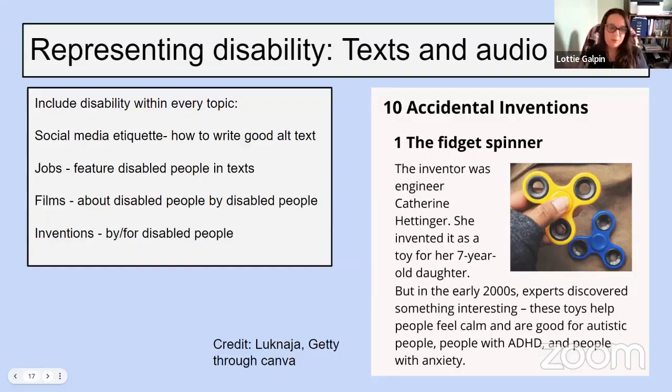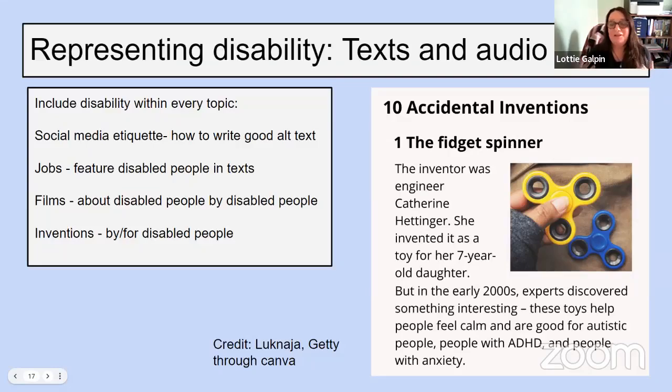If you're talking about films or books or TV, which we always do, you could feature films about disabled people or by disabled people. I would avoid, if you can, the trope of a non-disabled person reviewing the film and going, oh my God, aren't they cute?